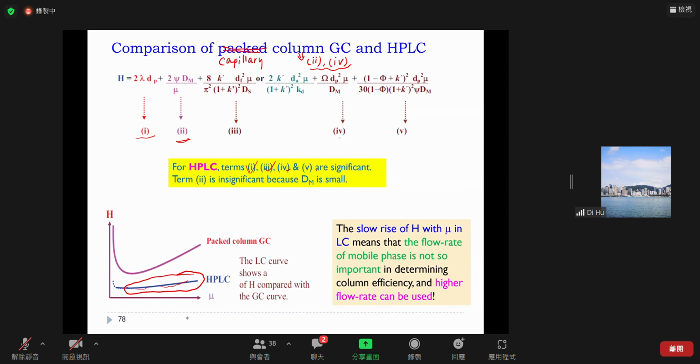So in practice people use at least double the theoretical optimized flow rate, and it will not increase H that much. The flow rate of the mobile phase is not that important, so practically we can use a higher flow rate than the theoretically calculated optimum.